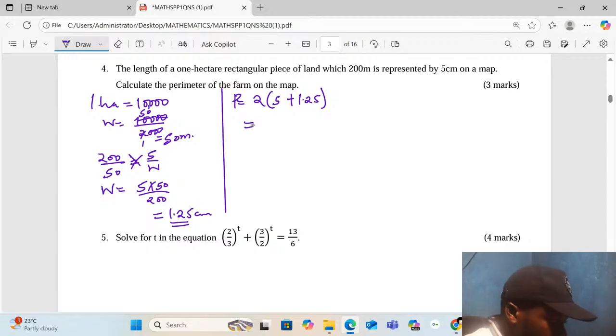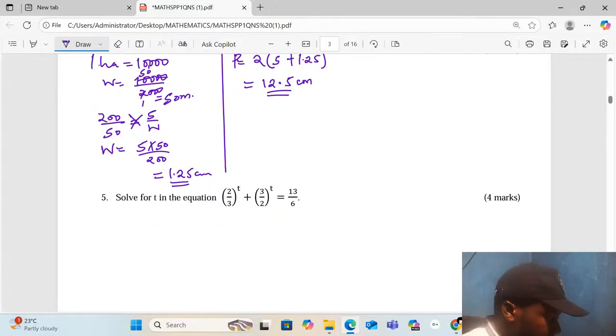So our perimeter becomes 12.5 centimeters. That is how you arrive at your final answer and get your 3 marks.